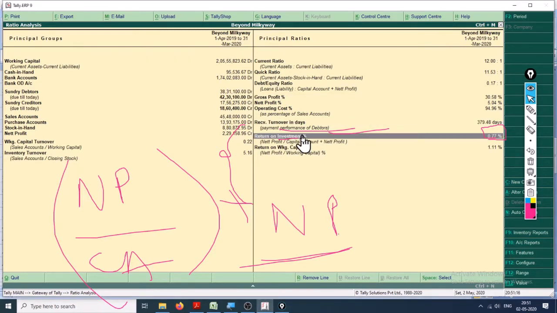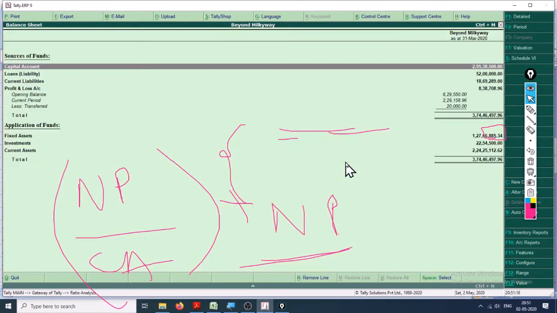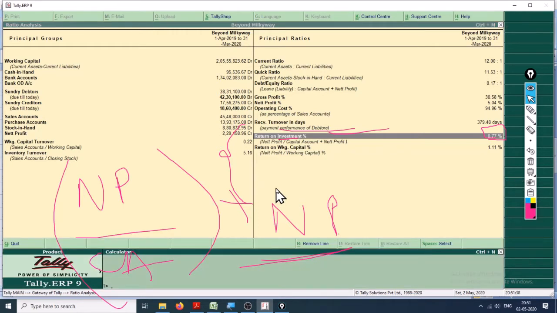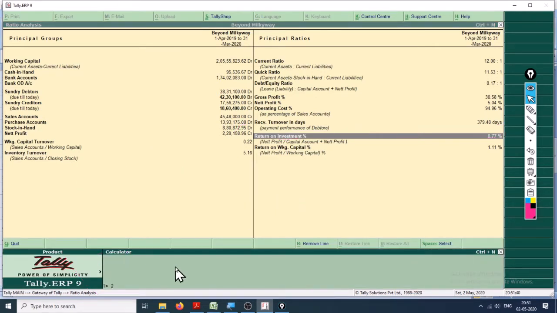Let's see what the return on investment is. Return on investment is 0.77% only. Net profit is 229. Capital account is like 3 crores 5 lakhs or something. And then again net profit, then multiplied by 100. So let's do it tentatively in Tally calculator. That is 229158 or something profit, divided by 305. Let's take it in round figure, plus 229.